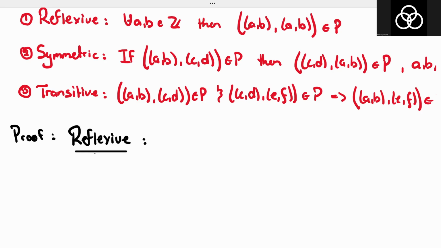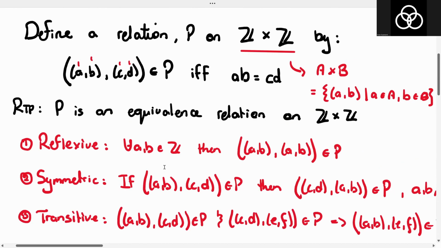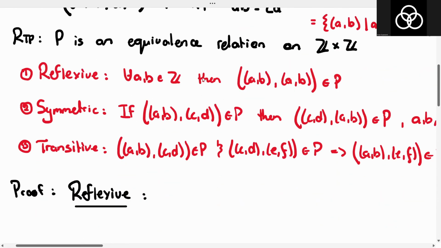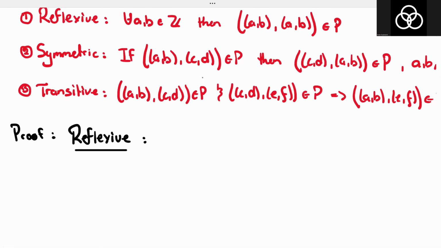So to go through each one of these, you need to look at your definition of the relation. We're taking the first two elements and multiplying them by each other, right? So let's say we have an ordered pair (a,b). Then when we multiply those elements by each other, we have ab, which is of course itself ab.